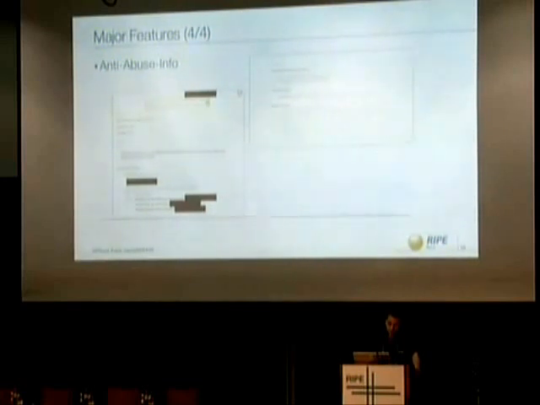So we added some checks. First of all, if someone is querying for a specific IP resource, we check if it is within a special network. For example, if it's private address space, we wouldn't give out any suggestions for anti-abuse information.